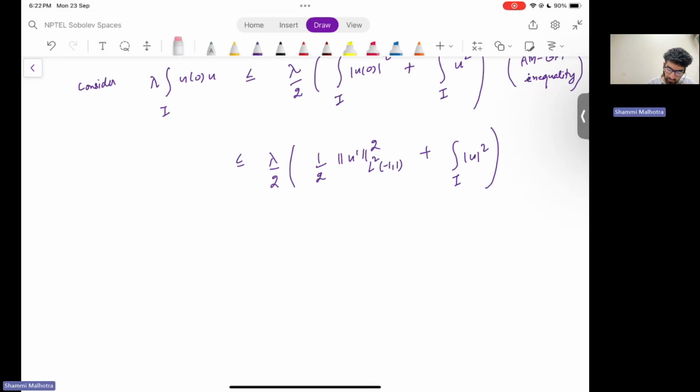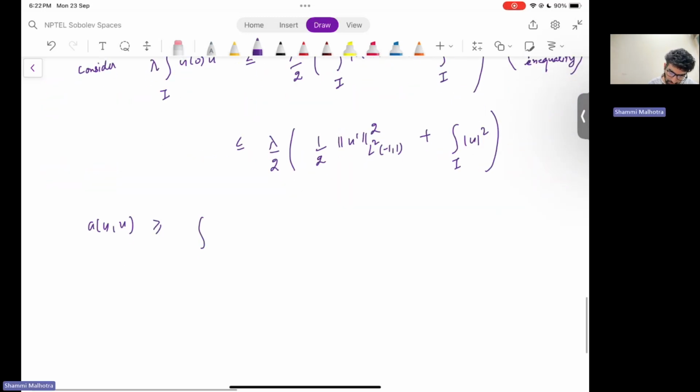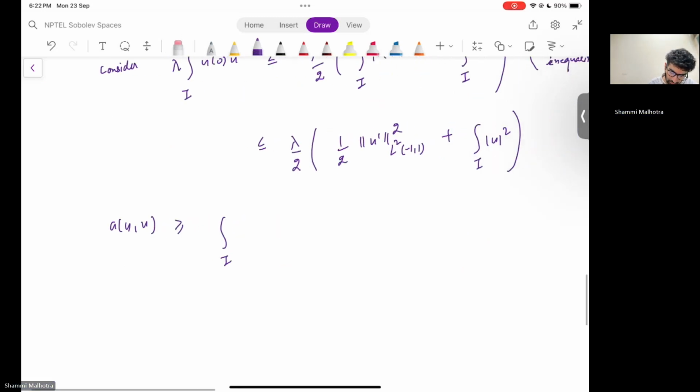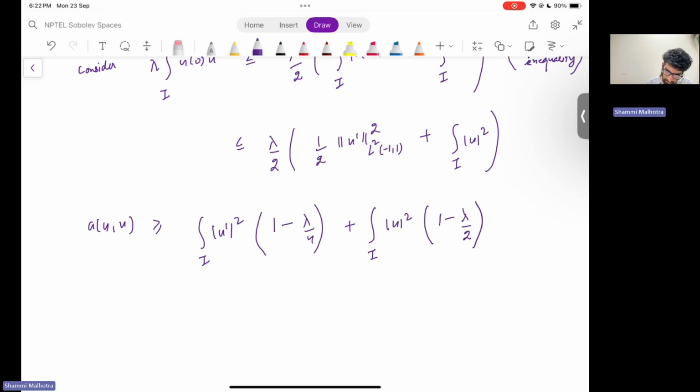Using all these estimates in our above expression, this will give a(u,u) greater than or equal to the integral over I of |u'|^2, and then we have 1 minus lambda over 4 times the integral over I of |u|^2, of 1 minus lambda by 2.